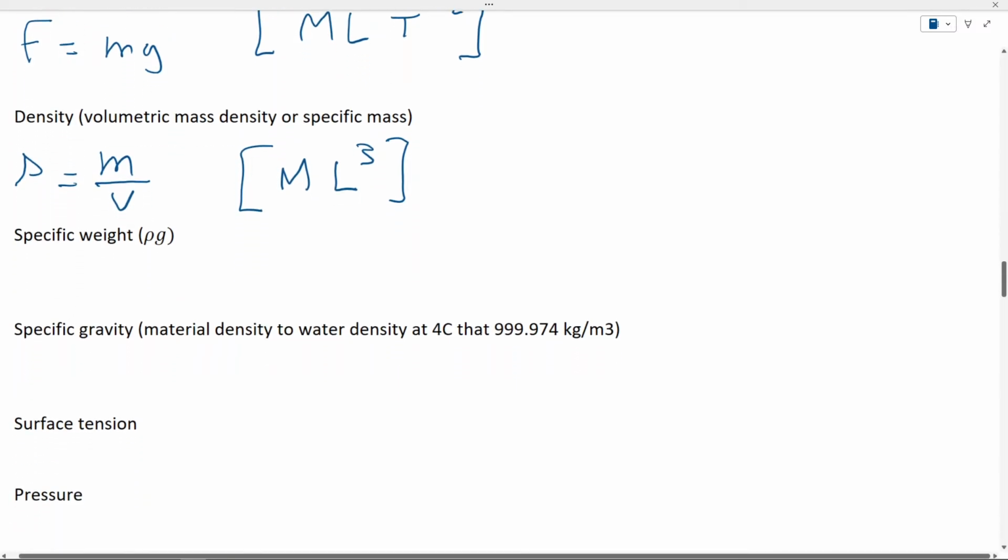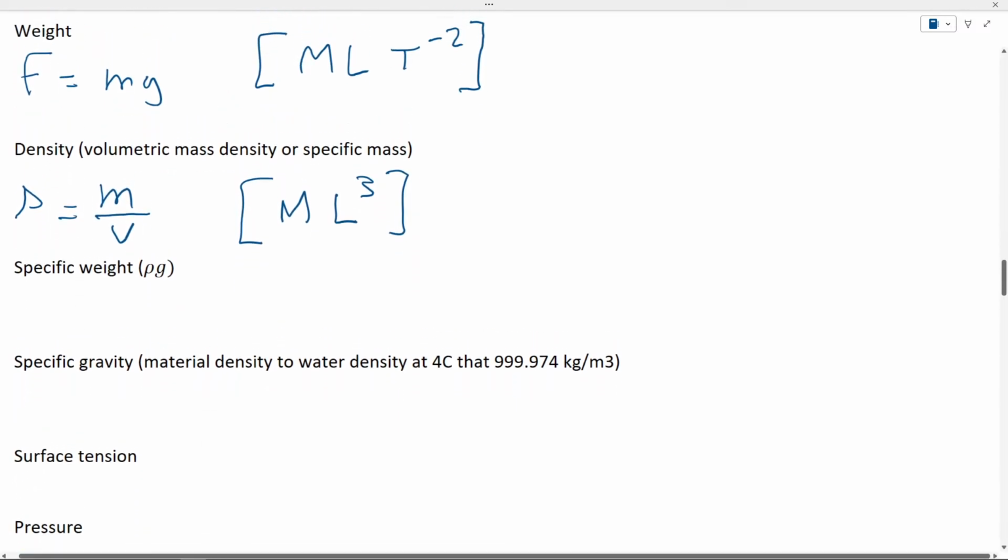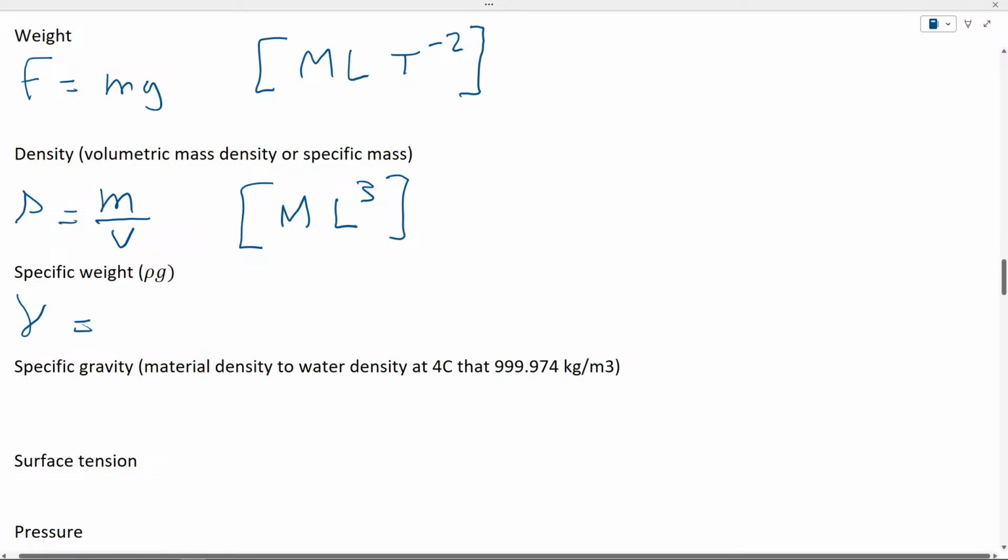Specific weight, given by gamma, is equal to rho g. Again, what would be the dimension of specific weight? We know that the dimension of density is m L minus 3, because this is mass over volume.